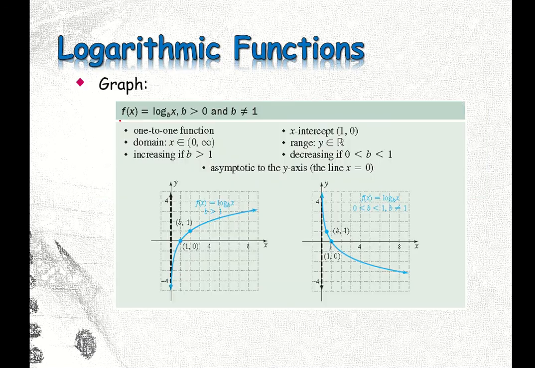Now we have here the graph. Like the exponential functions, in logarithmic functions we also have these properties. So f of x equal to log of x with a base b, where b is greater than 0 and b not equal to 1.